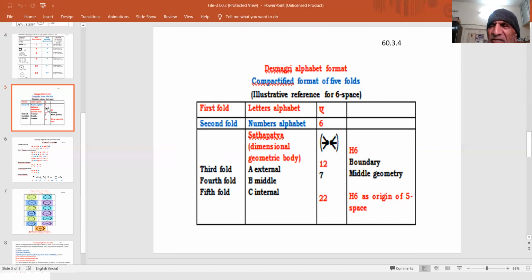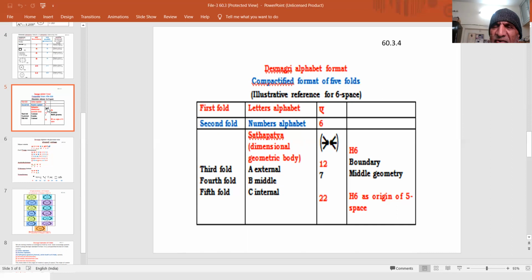The 3 external characteristics of hypercube 6 will take us firstly to value 12 as the 12 boundary components of hypercube 6. Then it will take us to value 7 as the middle characteristic, the middle geometry. 6 space has 13 geometries, and parallel to them are 13 versions, and the middle geometry is the 7th geometry.